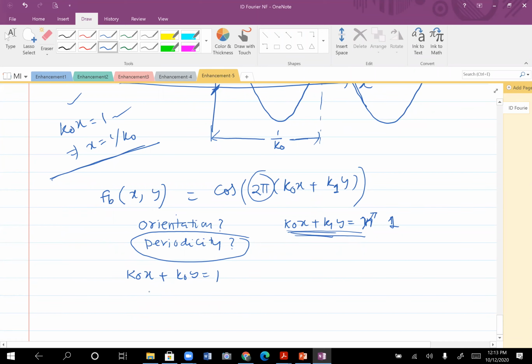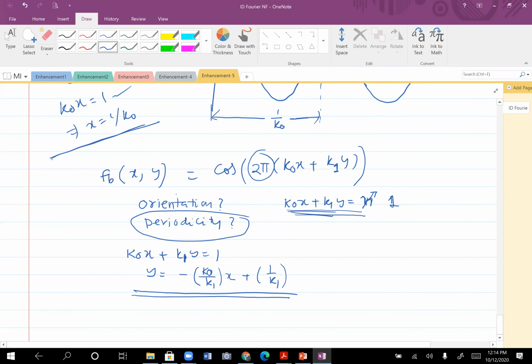So y equals minus k naught by k1 into x, plus 1 by k1. This is along this line.